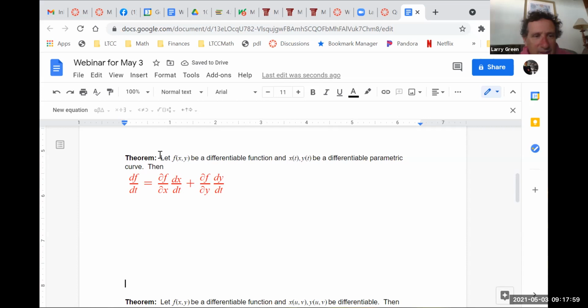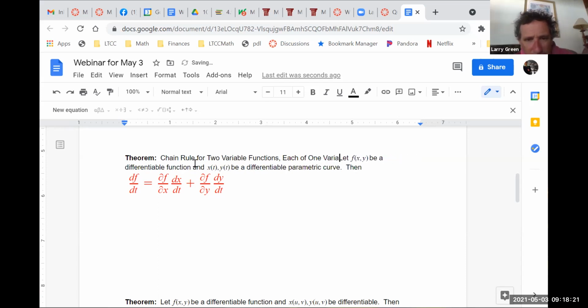Let me write down the chain rule for two variable functions, each of one variable. I'll put that in red because that's what we're doing.